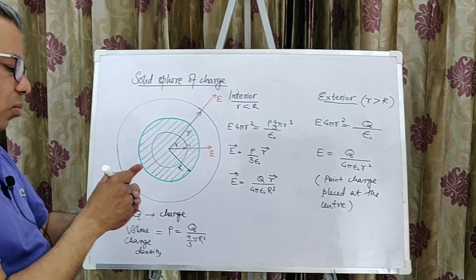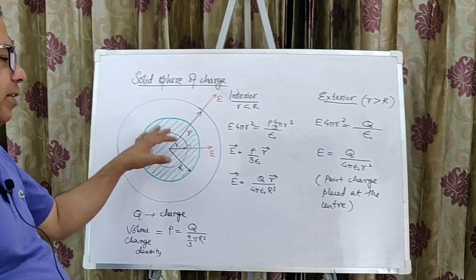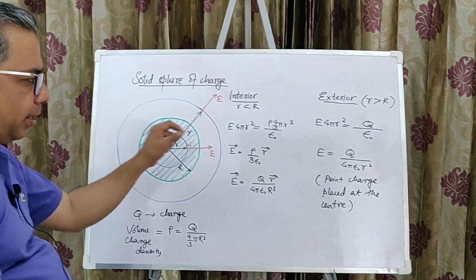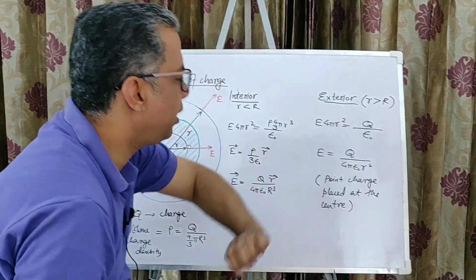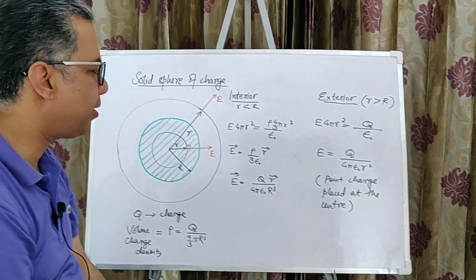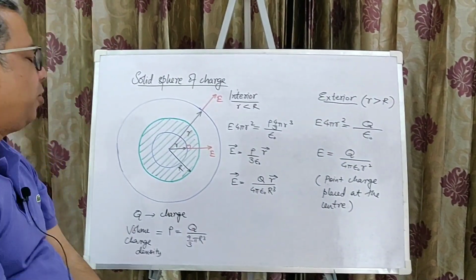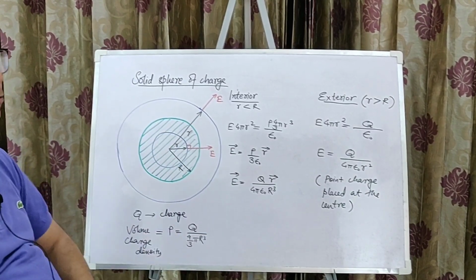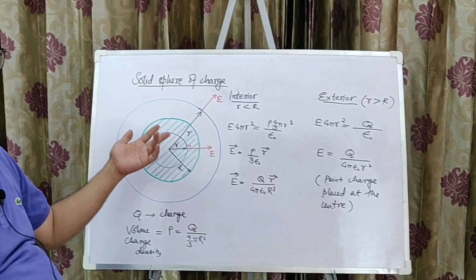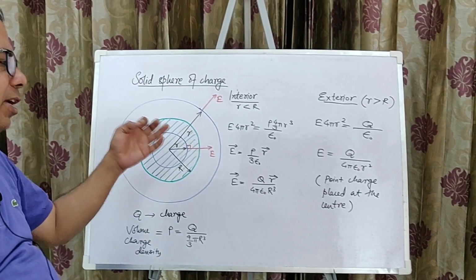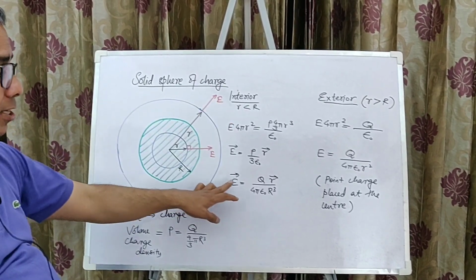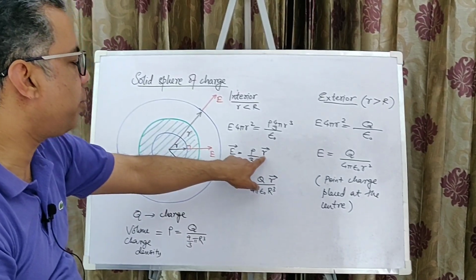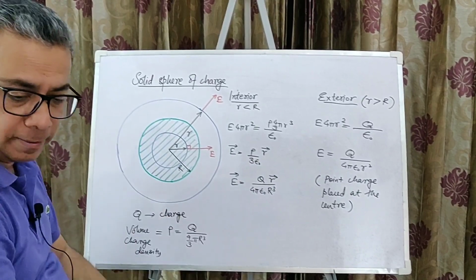Whether a spherical charge is a solid one or a shell, for points outside it, it behaves like a point charge placed at the center, whereas in the interior the behavior is different. Inside it, a shell produces zero field, whereas a solid sphere does produce a field, which incidentally is directly proportional to the distance from the center.